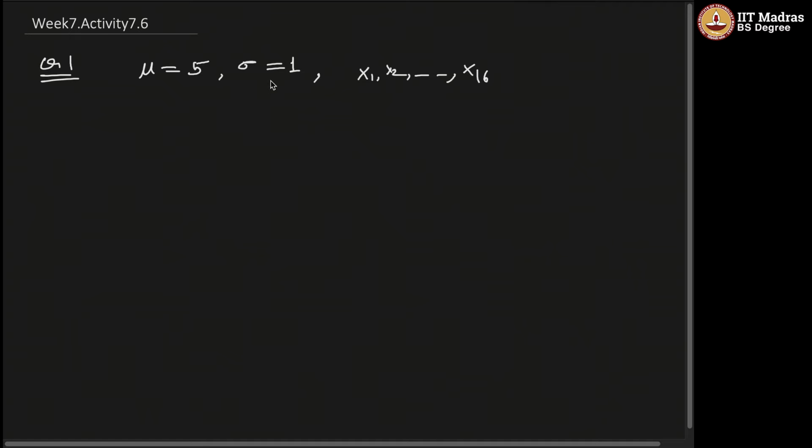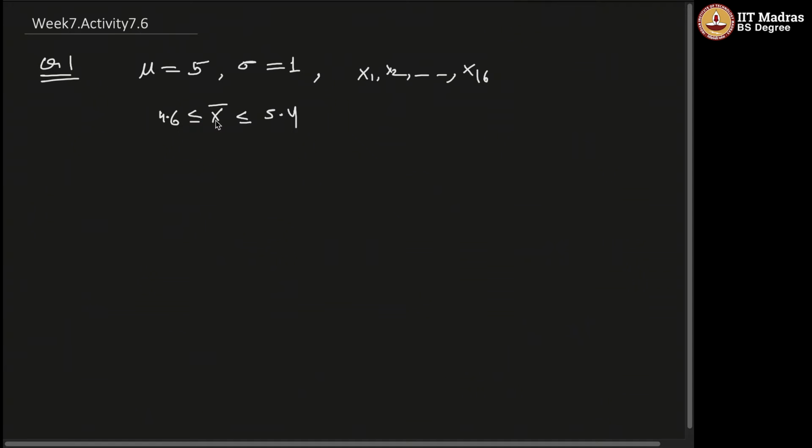So we have to find the probability that the mean life of a random sample of 16 such machines falls between 5.4 to 4.6. So we have mean life, which is x bar, because this is the mean life of 16 such machines, a sample from the population, and it falls between 5.4 to 4.6.